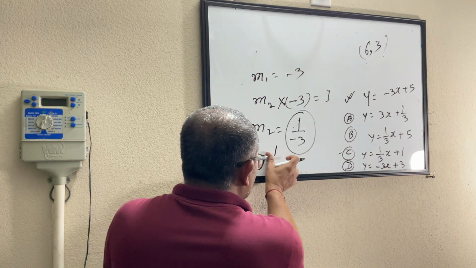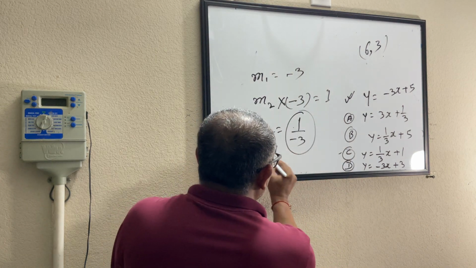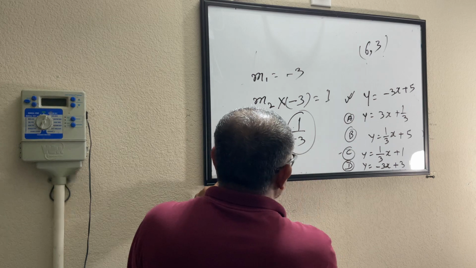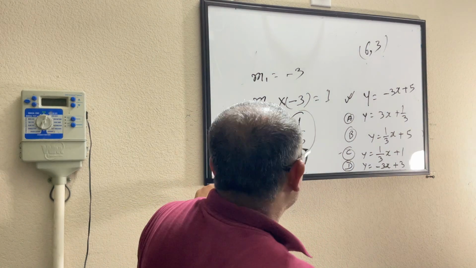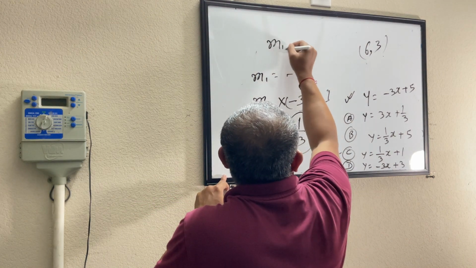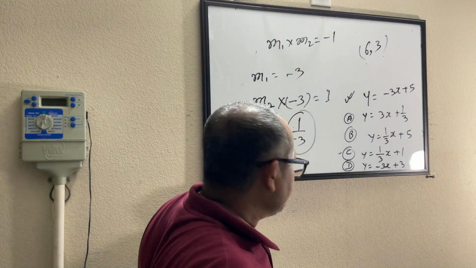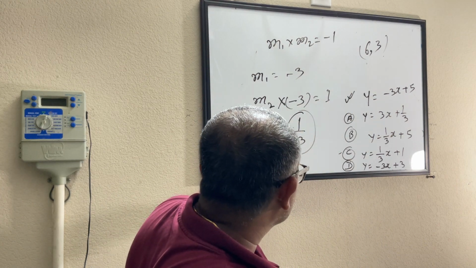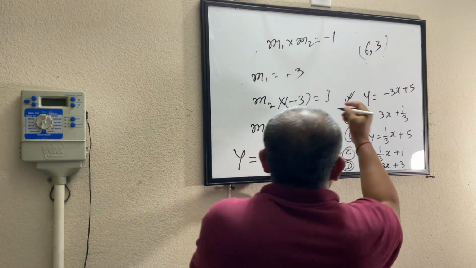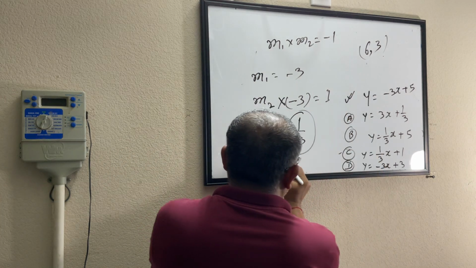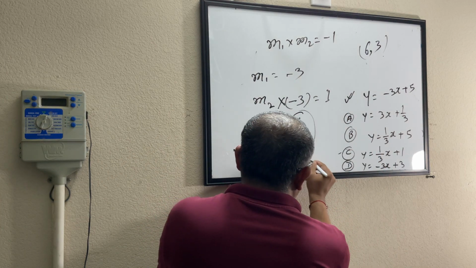So this slope has to be 1 by 3. Yeah? The multiplication of slope of the two perpendicular lines is -1. Okay? So here you got the slope as 1 by 3. So y is 1 by 3 into x plus c.